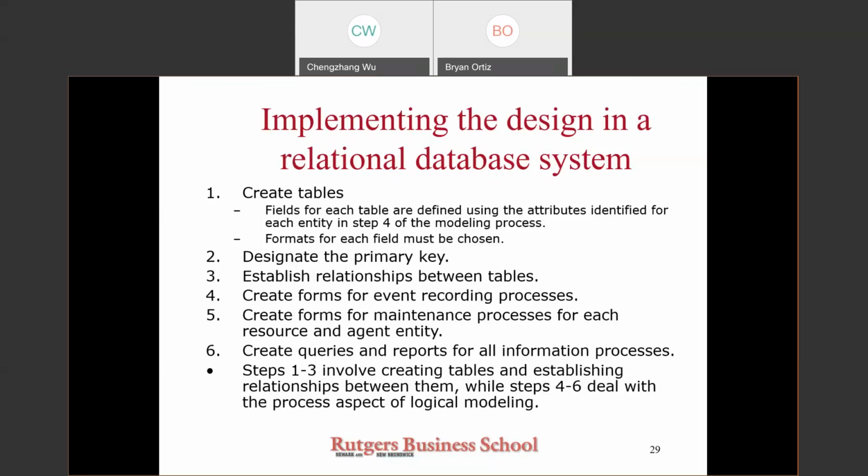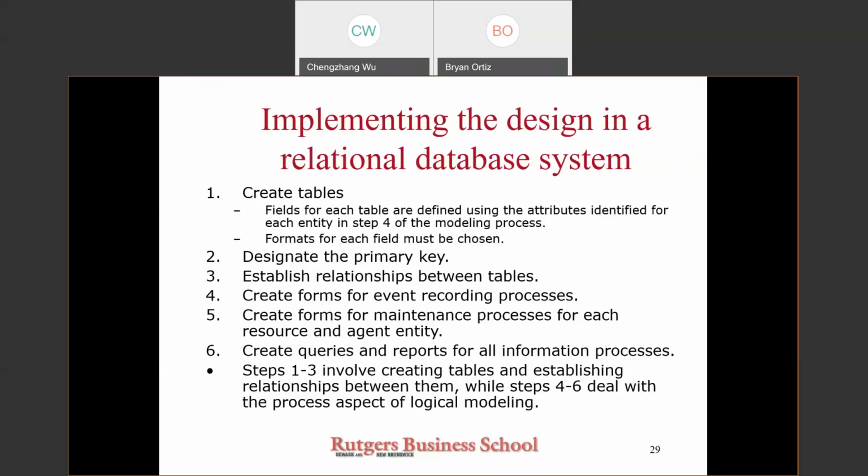Formats of each field must be chosen. For example, Microsoft Access provides some field formats that we can choose from: the number format for integers, text formats for alphanumeric data, currency format for monetary data, date and time format for dates.